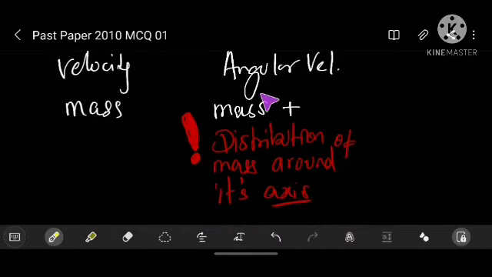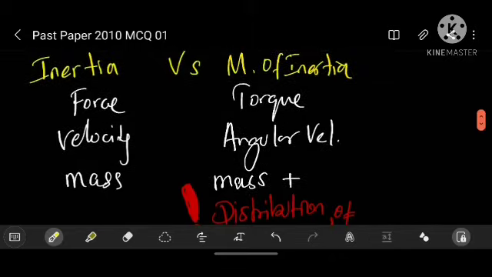That is the point you have to note down. The axis about which the moment of inertia is to be calculated.